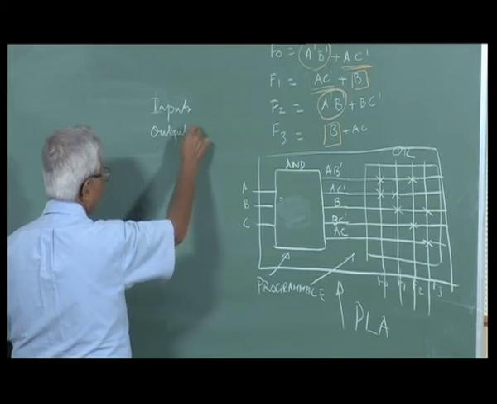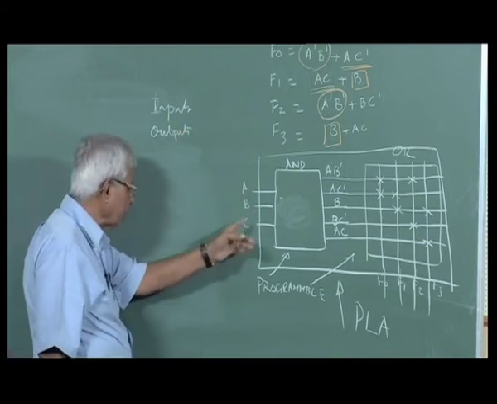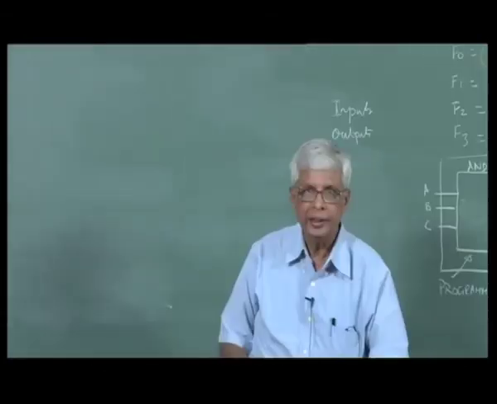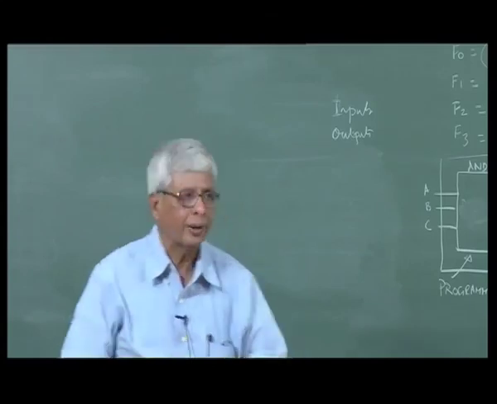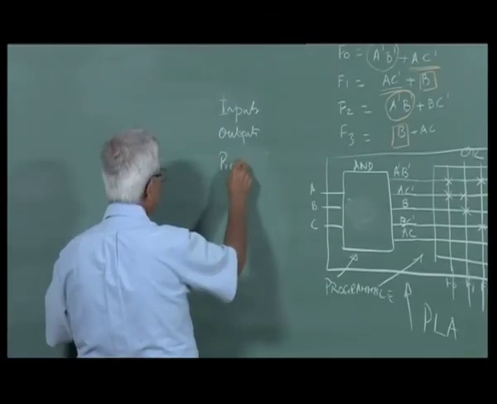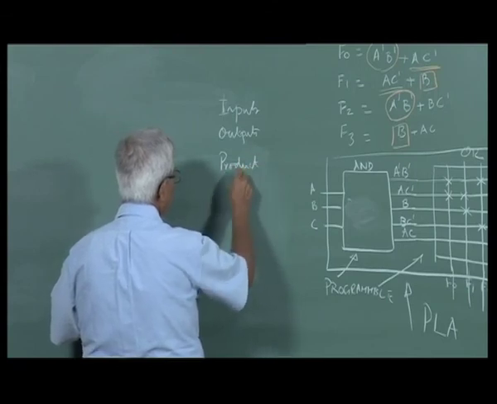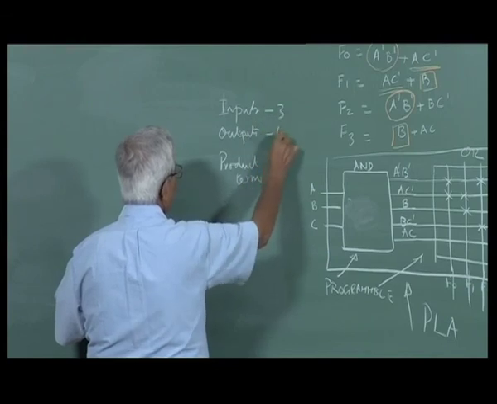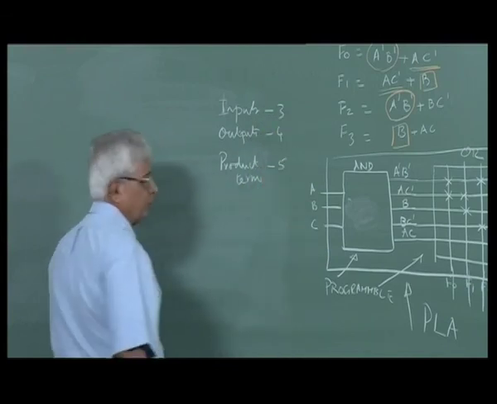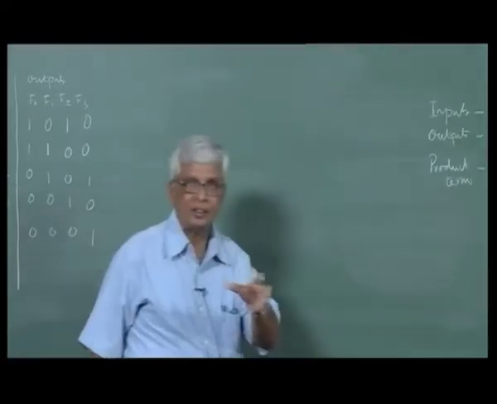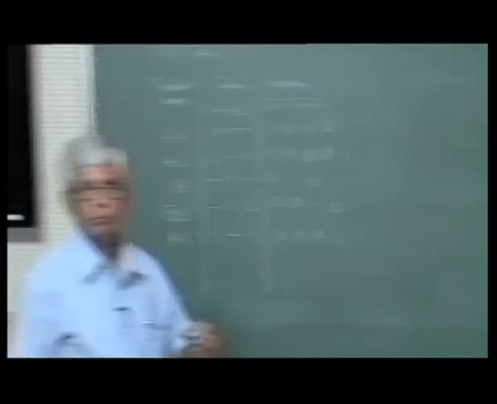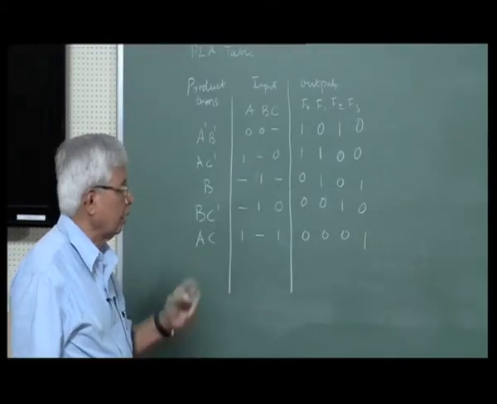That is not enough. If you simply say 3 inputs, 4 outputs, it is not enough. I will also say how many product terms are required. So we give the size as 3 inputs, 4 outputs, 5 product terms. That is how I describe the size of this.